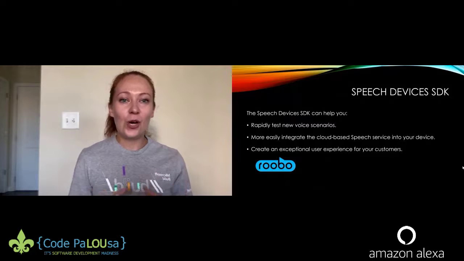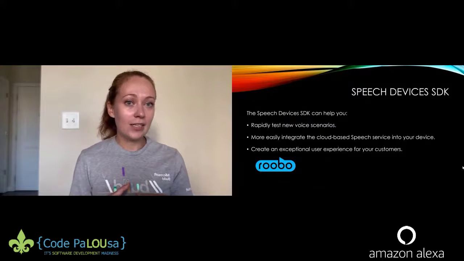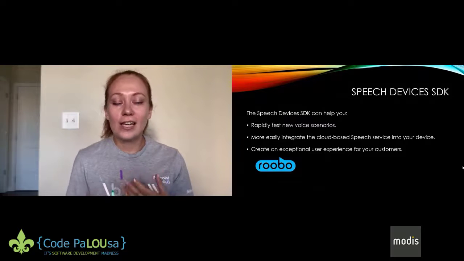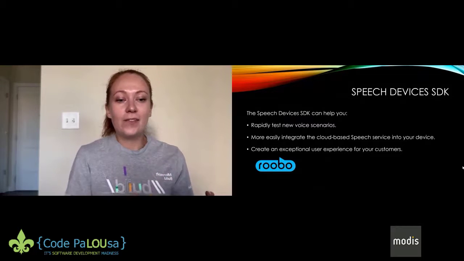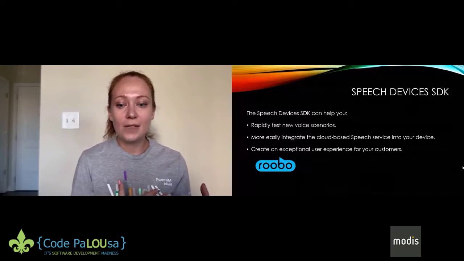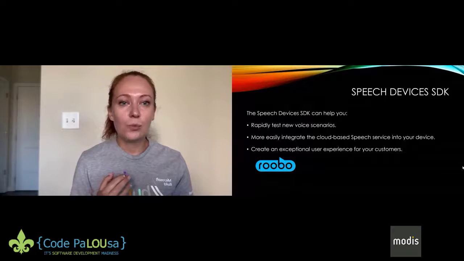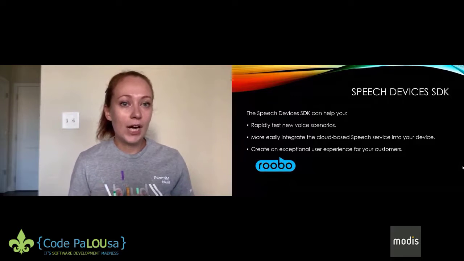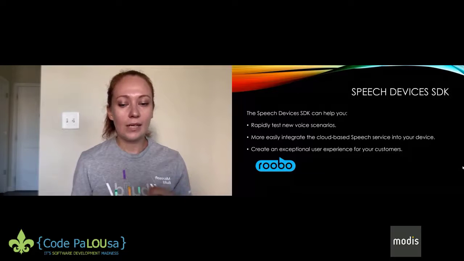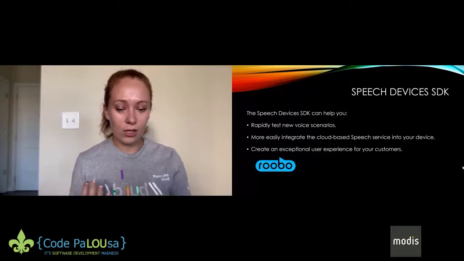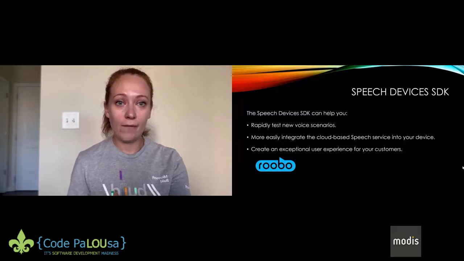So if you know what Echo Dot for Alexa is, that is a specific device for Alexa. Roobo is a specific device for the Speech Devices SDK. So you can customize a voice font, use your custom speech services, and create specific applications for that hardware. And it is really cool. Definitely check it out if you have an option.